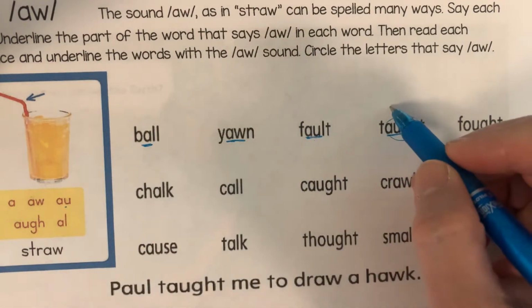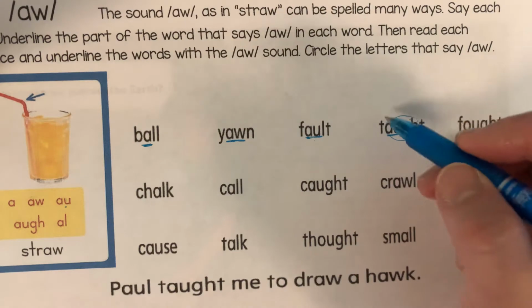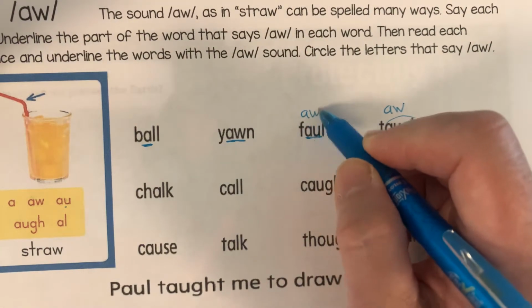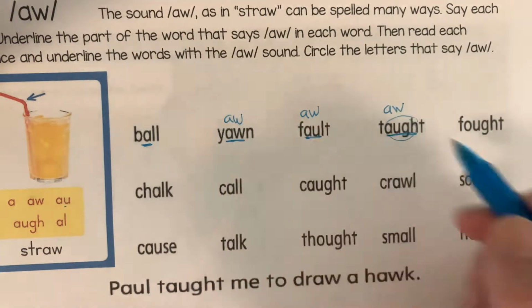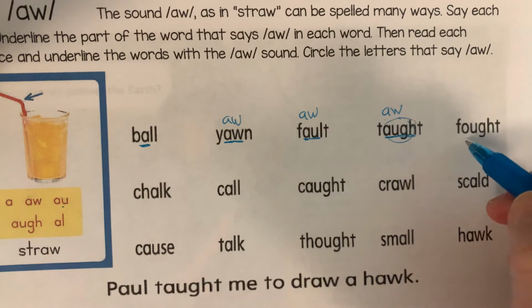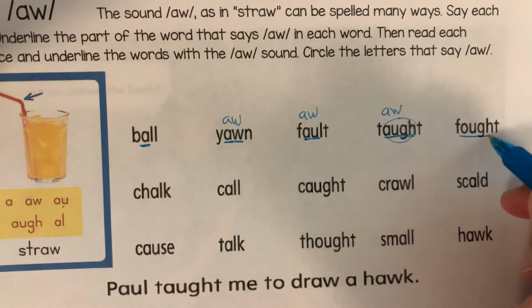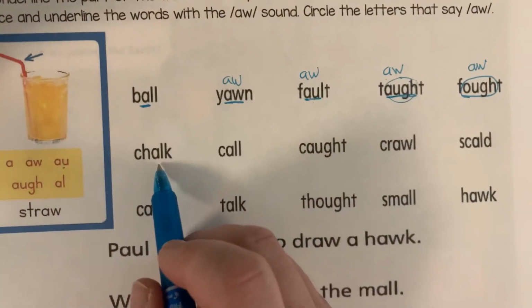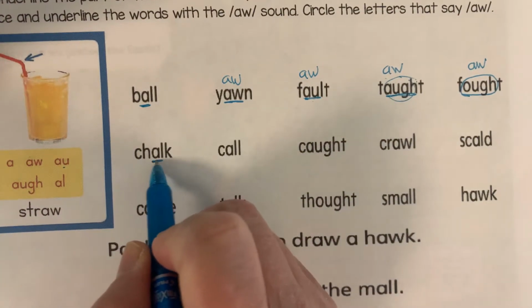That is saying, I shouldn't say U, I'm sorry, the AW sound. So AUGH all together is saying ah. And over here, it's OUGH that's saying ah.